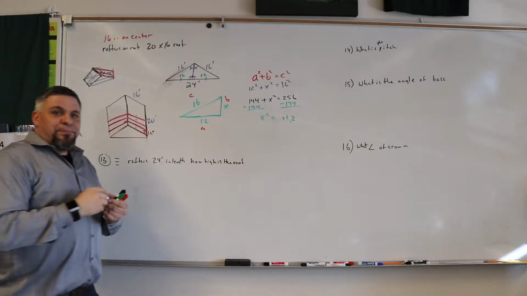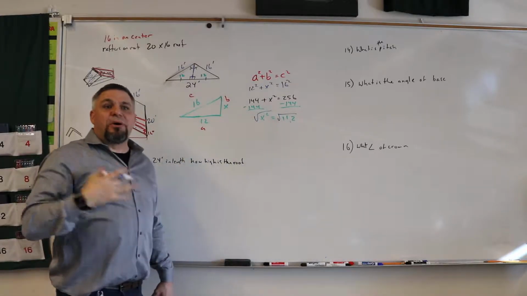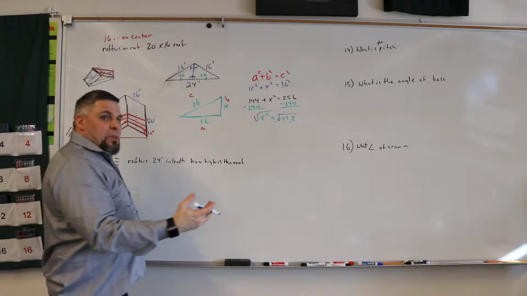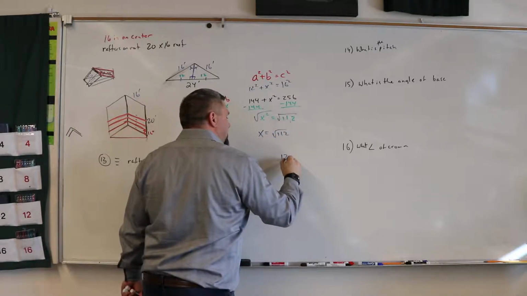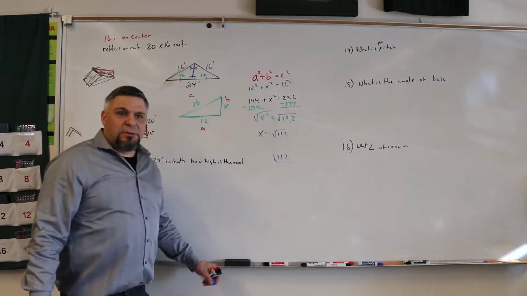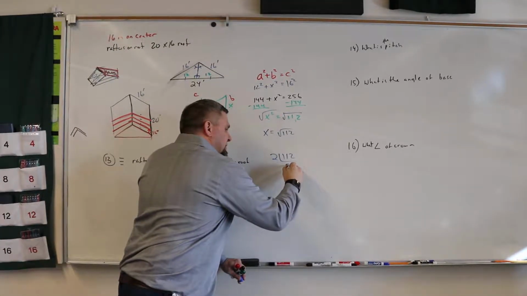Then what? Square root both sides. x is equal to the square root of 112. Now we got to break down 112.